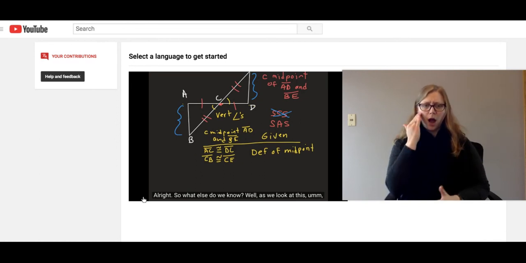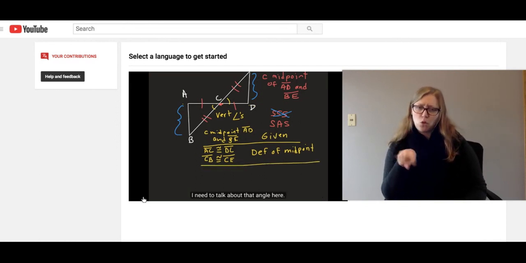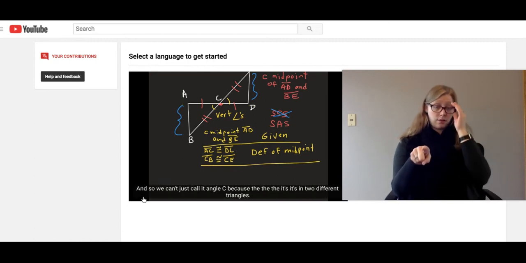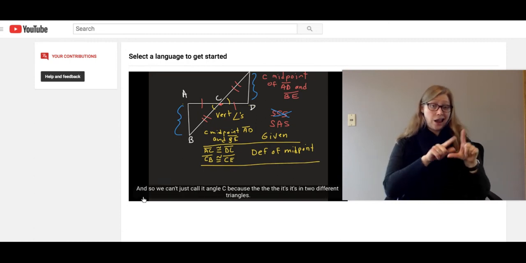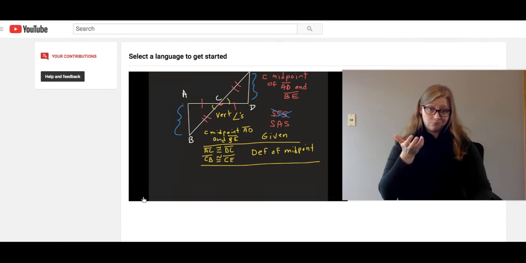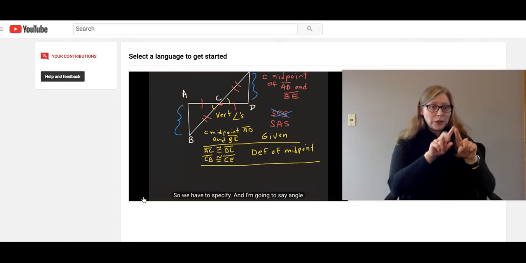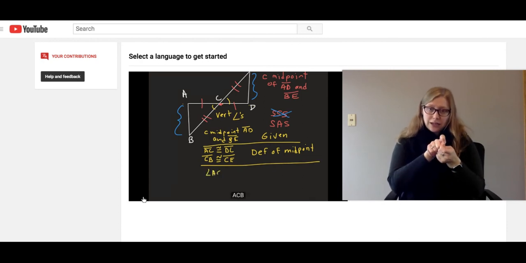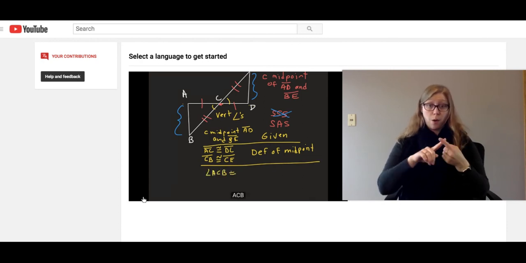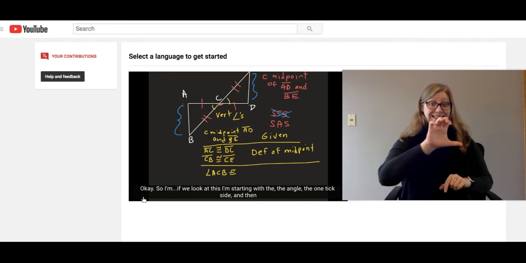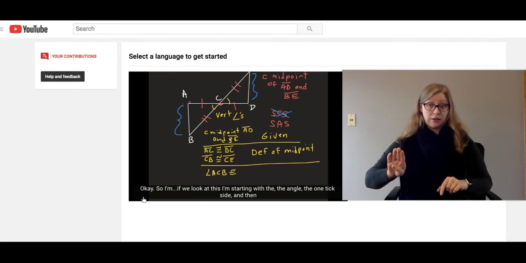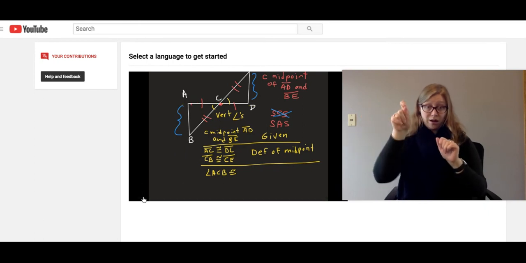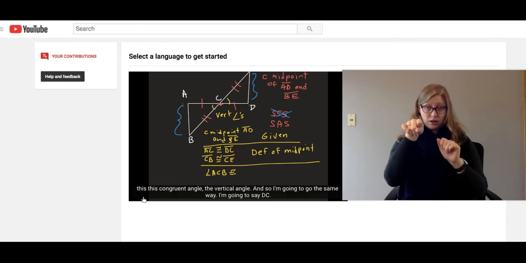Well, as we look at this, I need to talk about that angle here. We can't just call it angle C because it's in two different triangles. So we have to specify, and I'm going to say angle ACB. I'm starting with the one tick side, and then this congruent angle, the vertical angle.